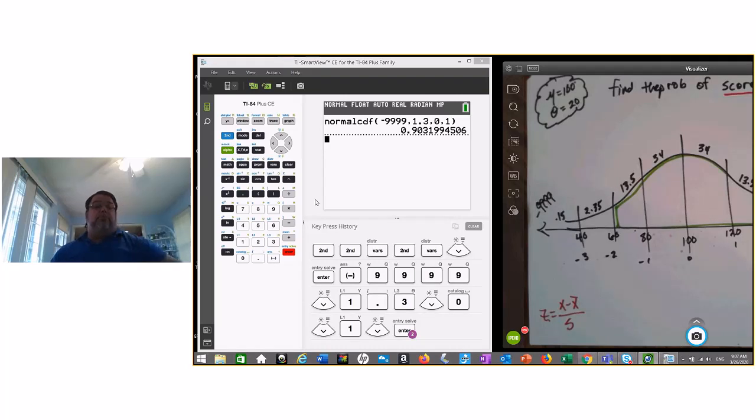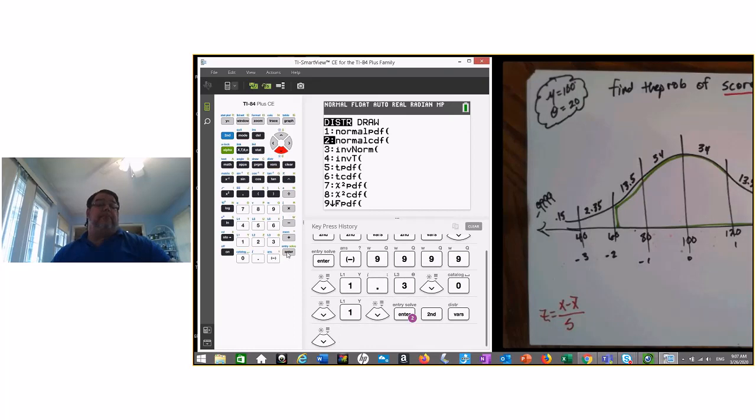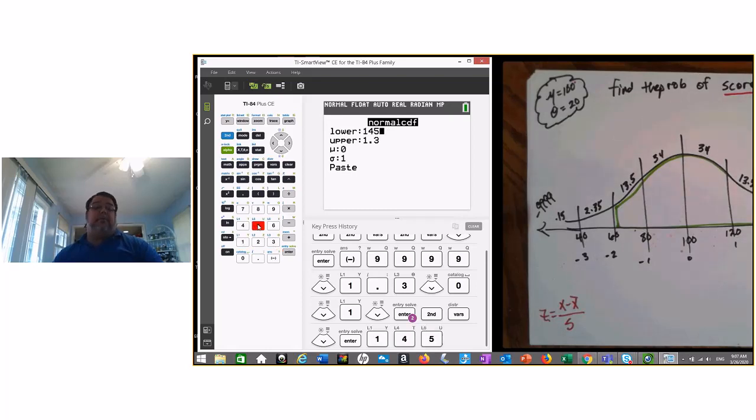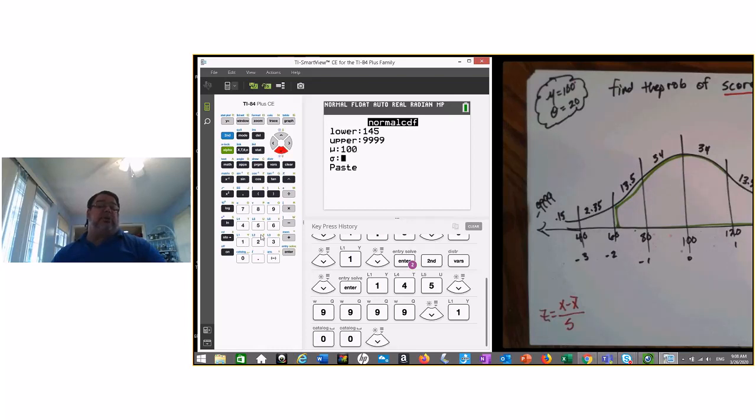Okay, so I'm going to hit second, bars, and normal CDF, and I'm going to type in 145 to 9999, and my mean is 100, and my standard deviation is 20.